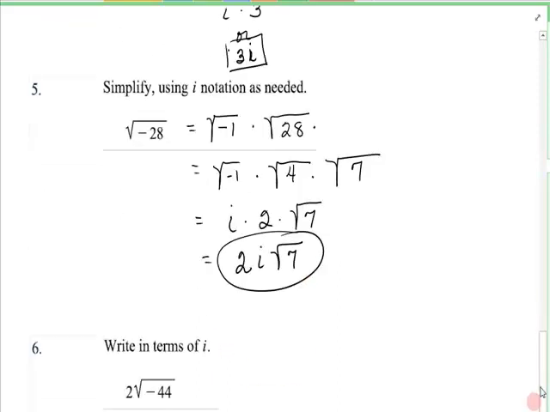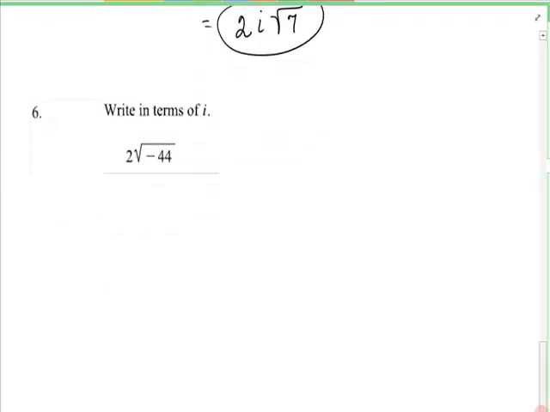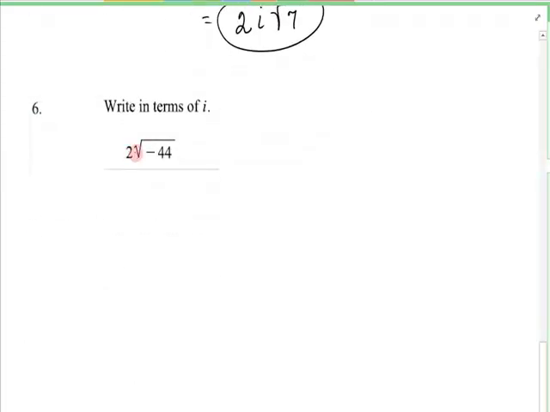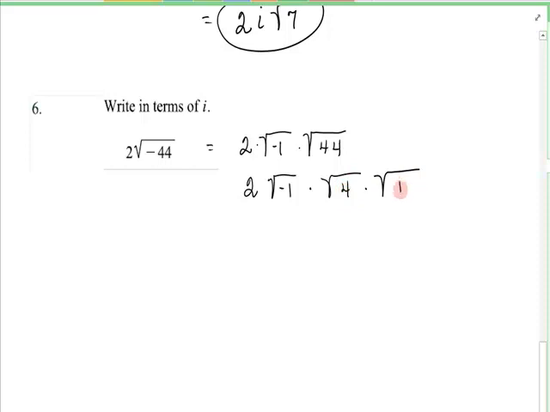I think I have one more. All right. 2 times the square root of negative 144. That is 2 times the square root of negative 1 times the square root of 44. Can I factor the square root of 44? Well, yes, I can. 44 can be broken into perfect square 4 times 11, and 11 can't be broken any further.